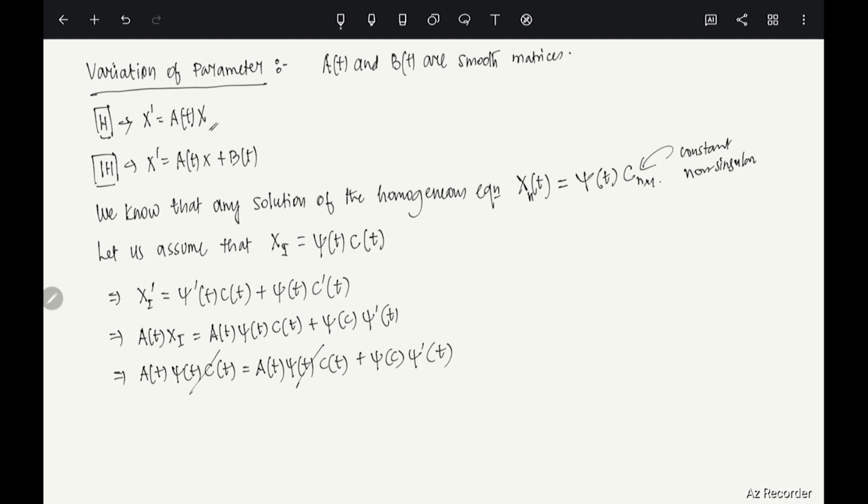One second. Since xi is a solution of the inhomogeneous system, there is a b of t which I forgot to write here. So I should write b of t plus this.